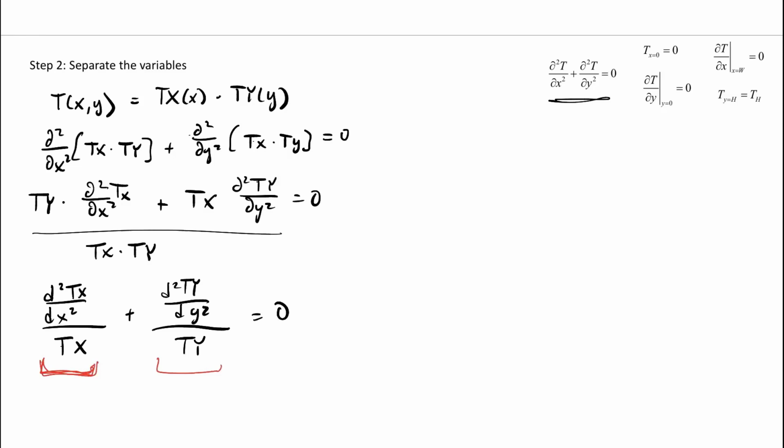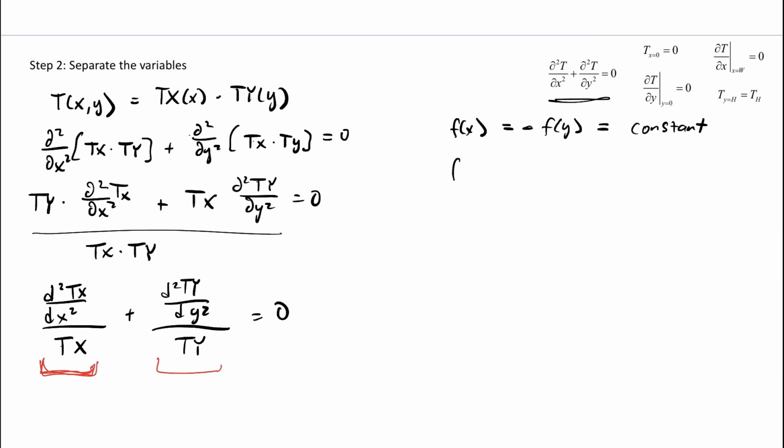So that is saying my function of x is equal to minus the function of y, and those are both equal to some constant value. F of x equals minus f of y equals some constant. That just has to be true based on that statement down there.